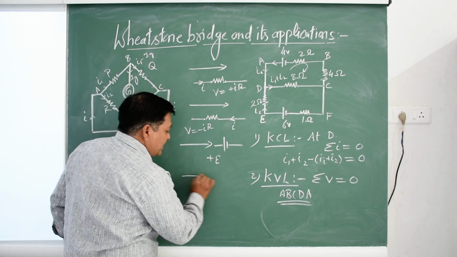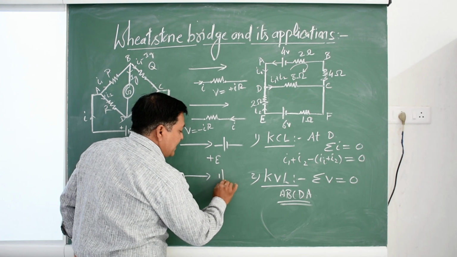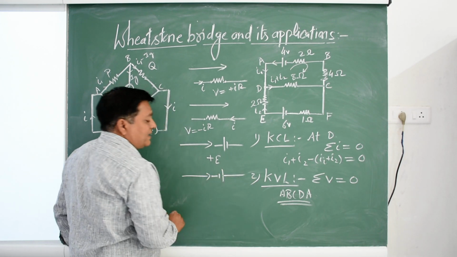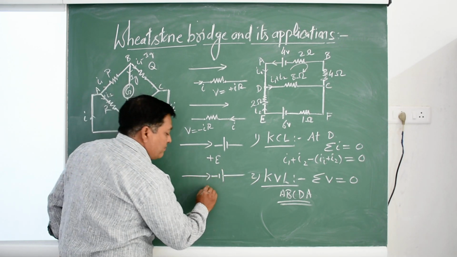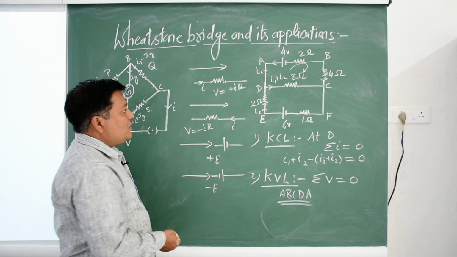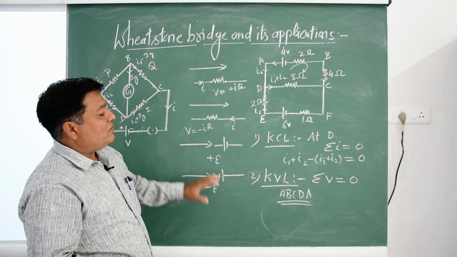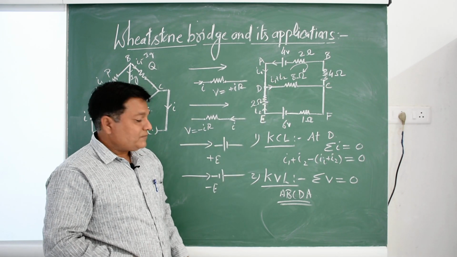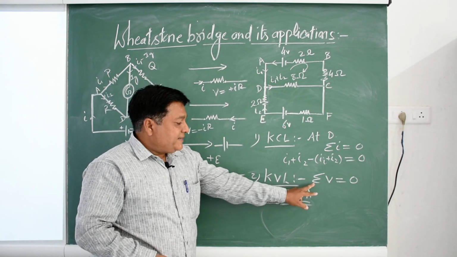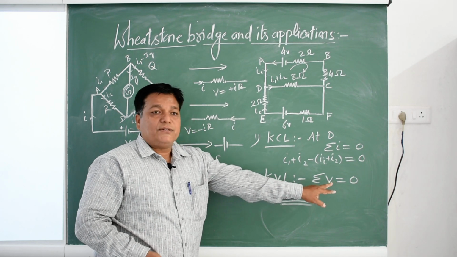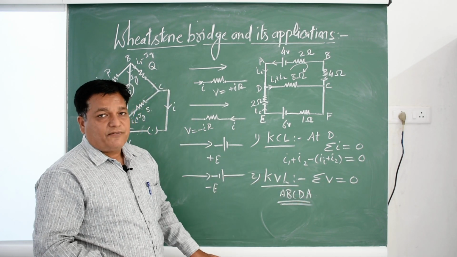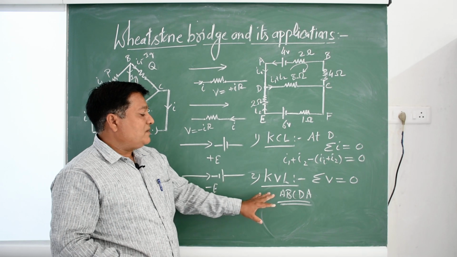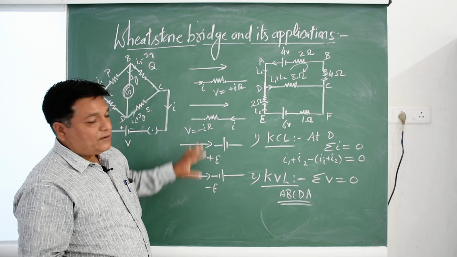If we are moving in this direction and the negative pole of the cell falls first, we take minus E. According to these rules we are going to solve the loop rule, that is, sigma V is equal to 0, meaning the sum of the potential differences in a closed loop is equal to 0.